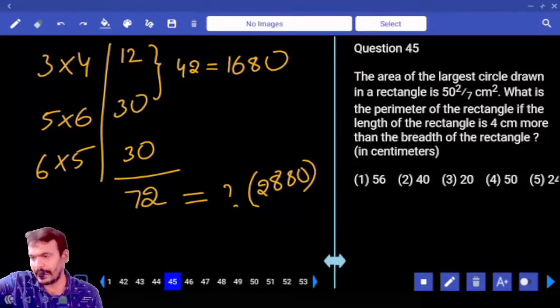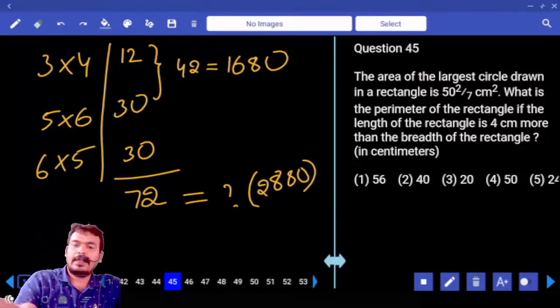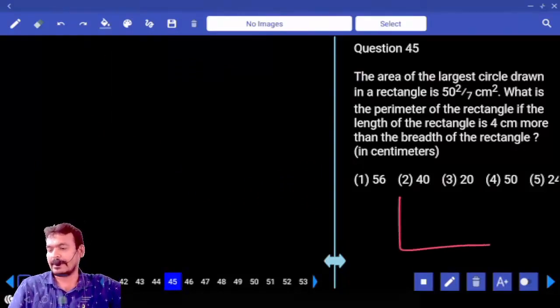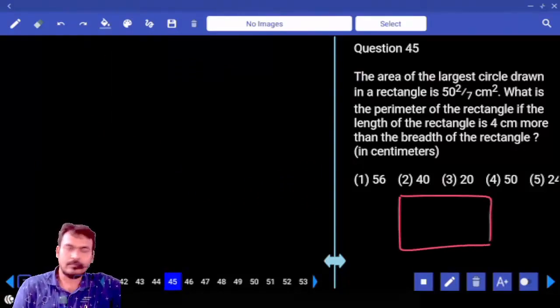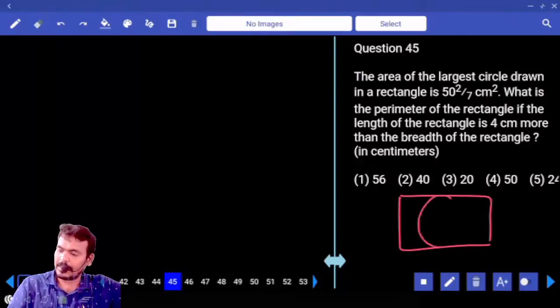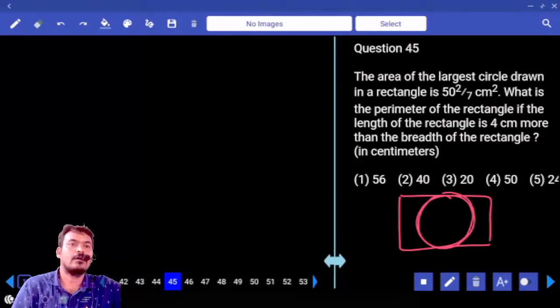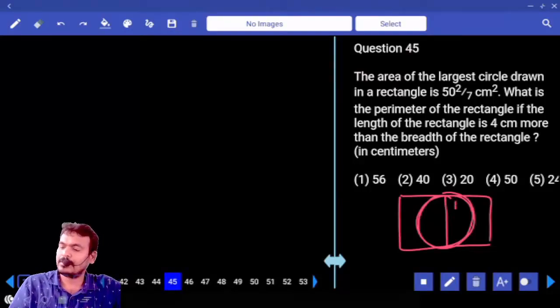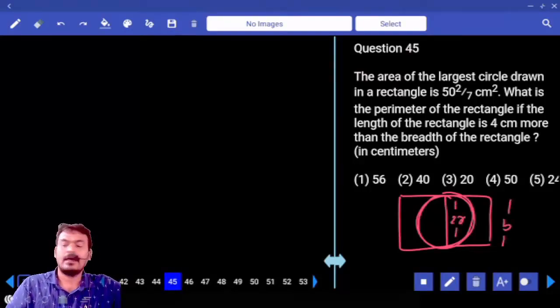The circle is drawn inside the rectangle and touches only the top and bottom. So the diameter of the circle, 2r, is equal to the breadth of the rectangle.